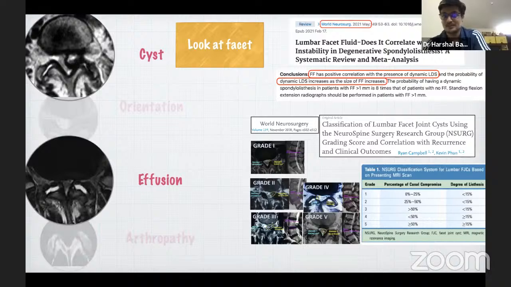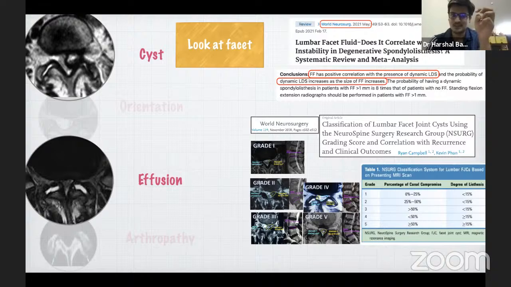There's a very good literature from AIIMS published this year only, that facetal fluid had a positive correlation with presence of dynamic lumbar degenerative listhesis. And they also said that whenever facetal fluid is more than 1 mm, you should always do flexion extension radiographs.